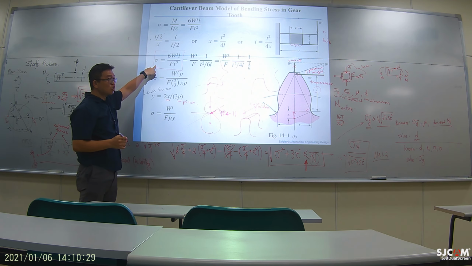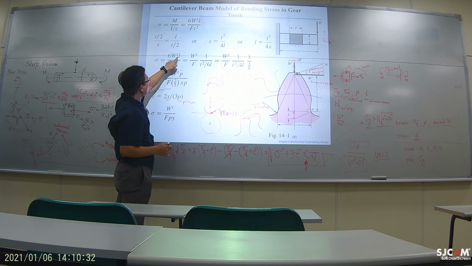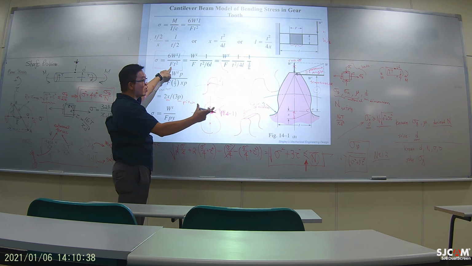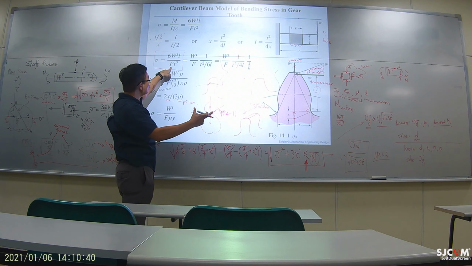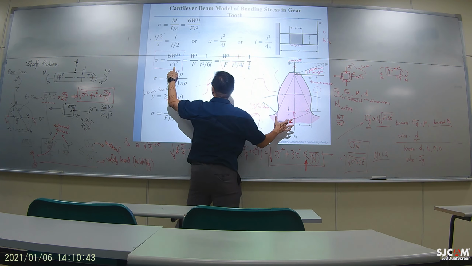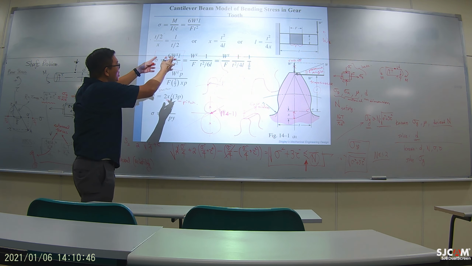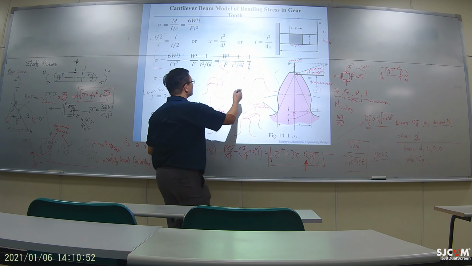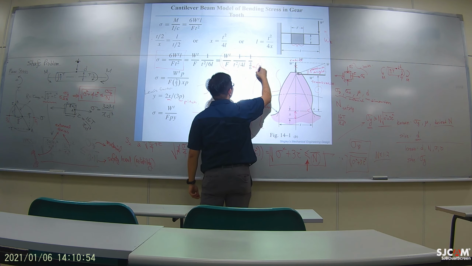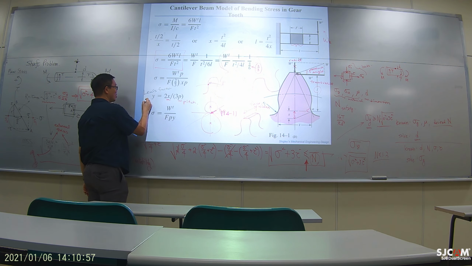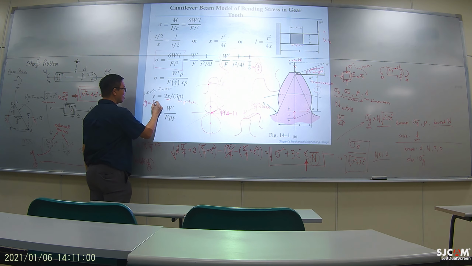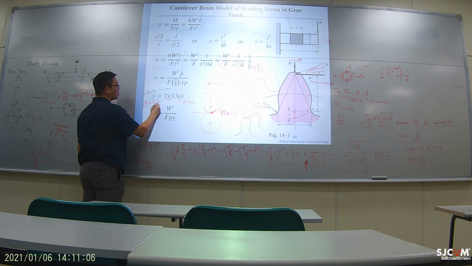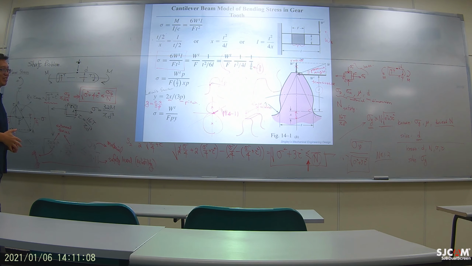So the stress equals the transverse load times the length of the tooth divided by the width of the tooth and also the width squared. It could be rewritten into this form by playing with the numbers. And over here you will see this value 2/3, and this is why when they define the Lewis factor, they have this 2/3 right there. Some of the values can be eliminated later on.